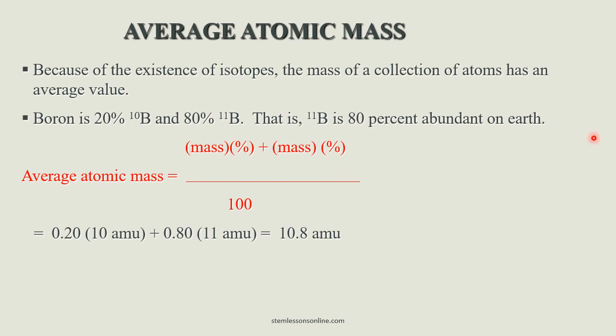So just substitute. I change this percentage as decimal. So 20 divided by 100 will be 0.2 times the mass is 10, and this one 0.8 times 11, that will give you 10.8 with a 3 sig fig AMU, because it is average atomic mass.